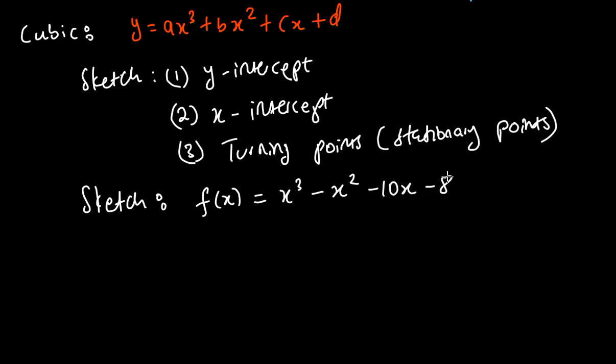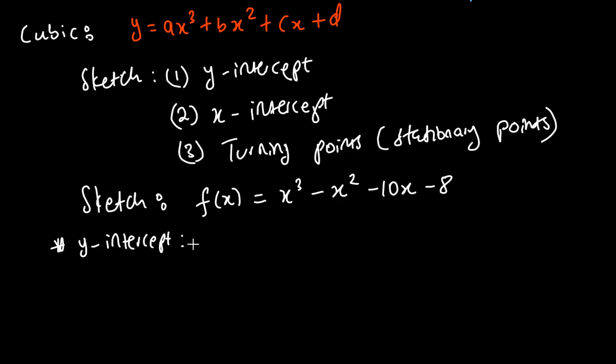So this is the function that we are required to sketch. So how would we sketch it? Remember, we need the y-intercept, the x-intercept, the turning points. So we're going to start with the y-intercept. How do we get the y-intercept on a graph? Do you still remember?